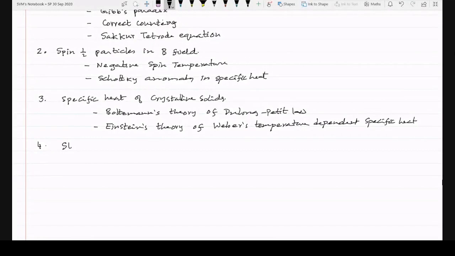statistical mechanics of polymer and rubber.